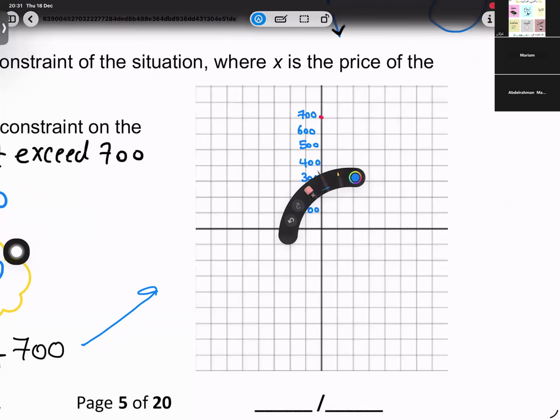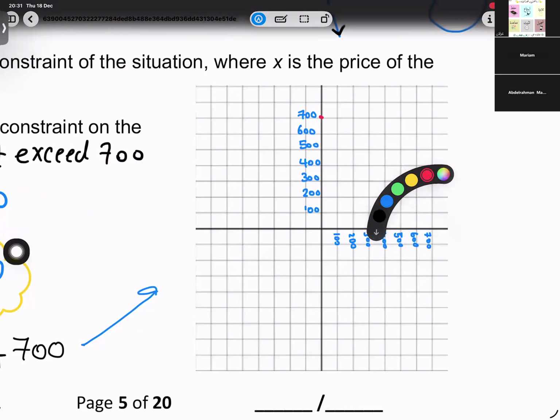We do the same for 100, 200, 300, 400, 500, 600, 700. So we just join these two points like this.